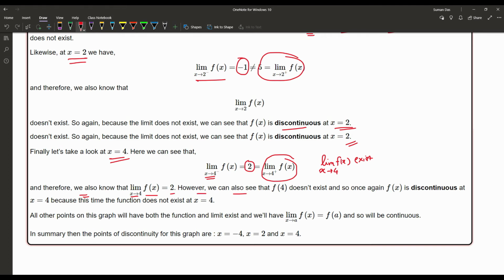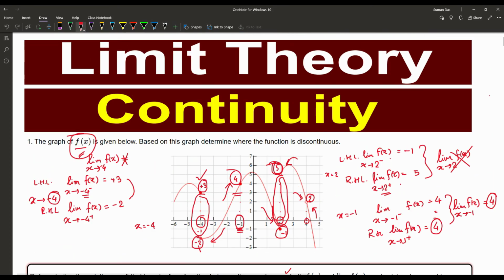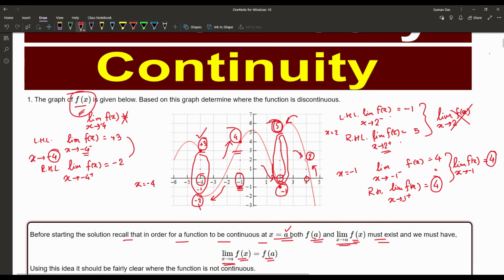However, we can also see that f(4) does not exist. Why? Just look at the diagram once again. Where there is a red point, that means we have the value, like f(-1), which can be found out. But here the red point is not given, which means we cannot find the value of f(4).